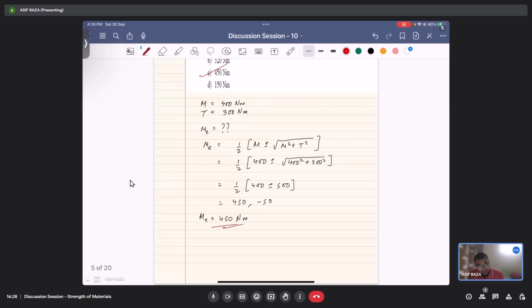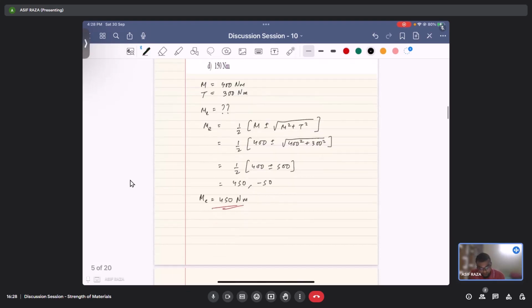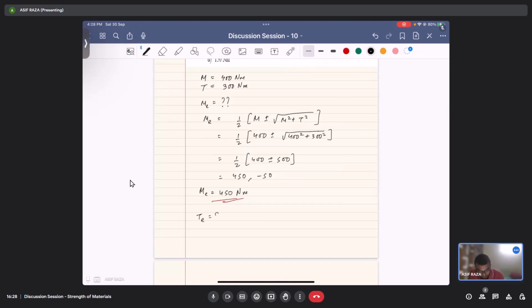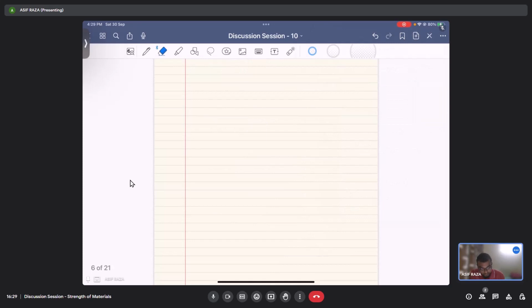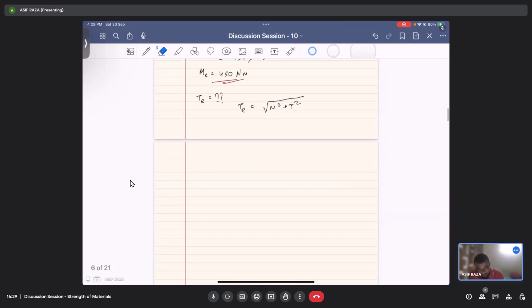Okay, let's also solve what will be my equivalent twisting moment. For this case, it would be equal to root of M square plus T square, where M is 400 and T is 300.